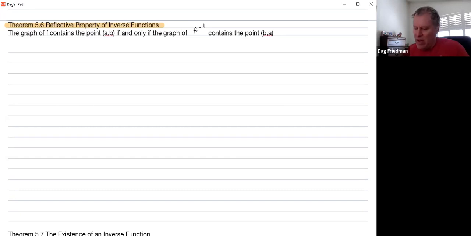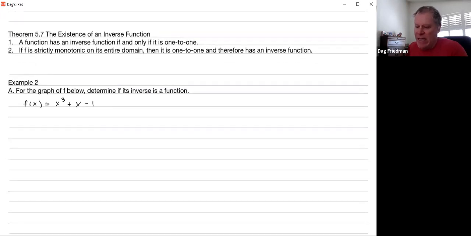Okay, so let's talk about the existence of an inverse. These are kind of saying the same thing, 1 and 2. In part 1, they say a function has an inverse if and only if it's 1 to 1.